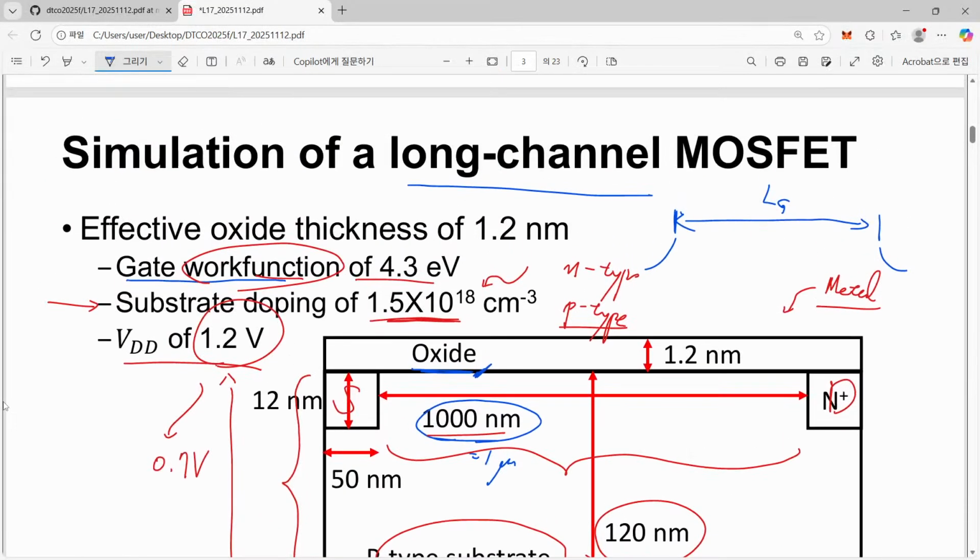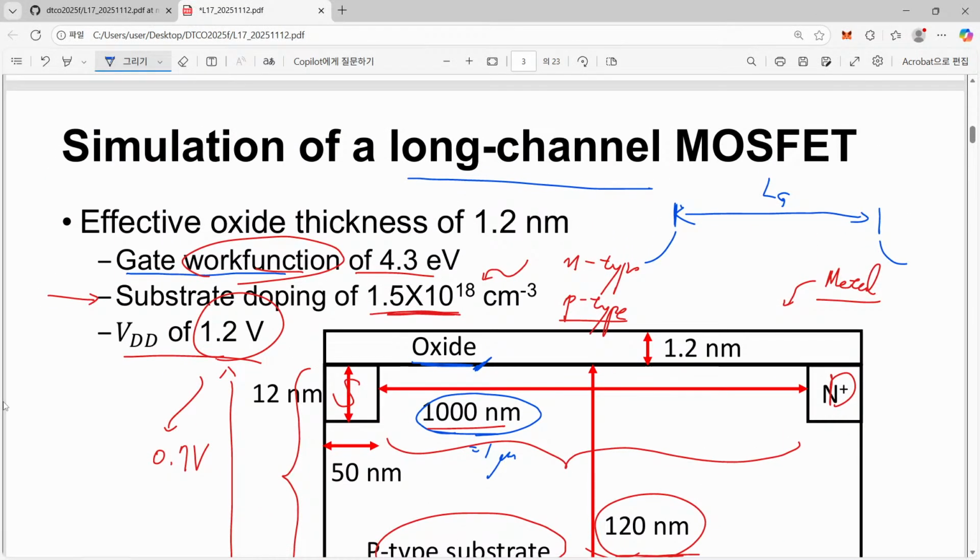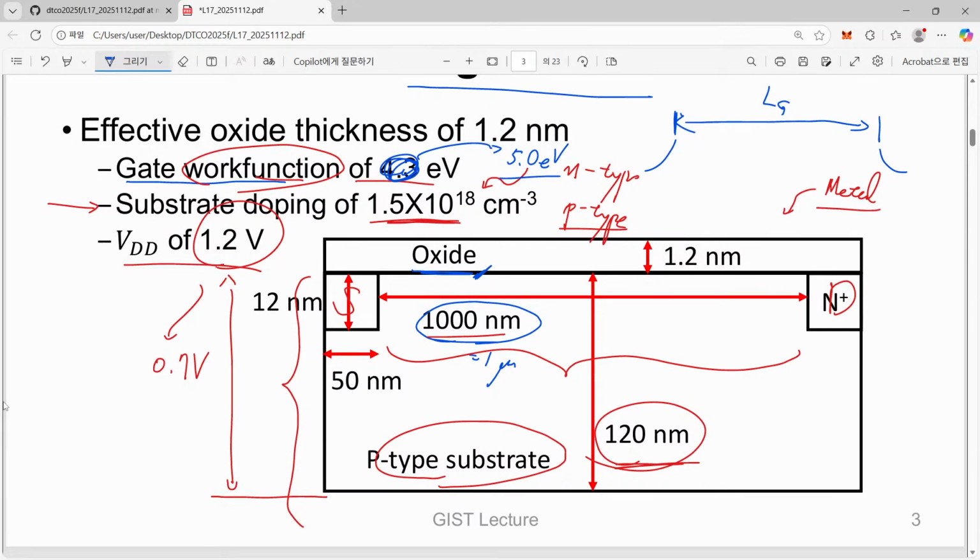For example, if you wanted to simulate, instead of this N MOSFET, the P MOSFET, then you must change to the proper work function. For example, let's say 5.0 eV. This is a somewhat high value, but anyway, let's live with it.